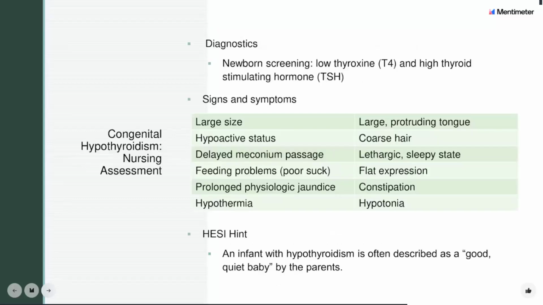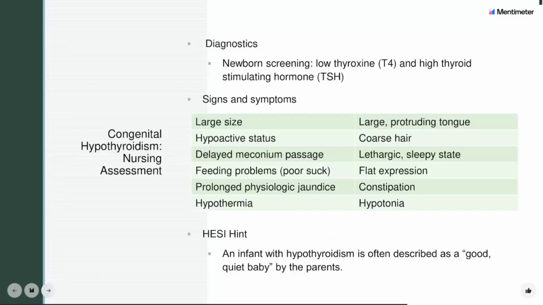So on our newborn screening, our newborn metabolic screen that we do at 24 hours of life, we test their T4 and their TSH. So we will see a high TSH and a low T4 on their newborn screen. And that's going to be indicative that they are at risk for hypothyroid.